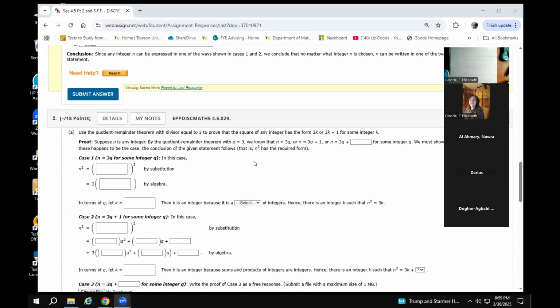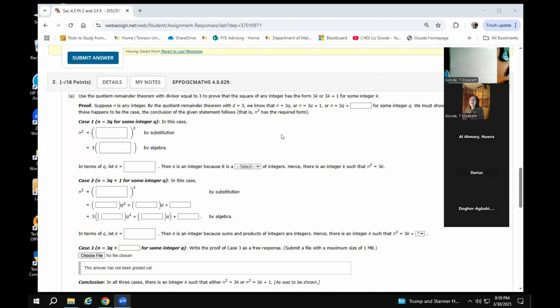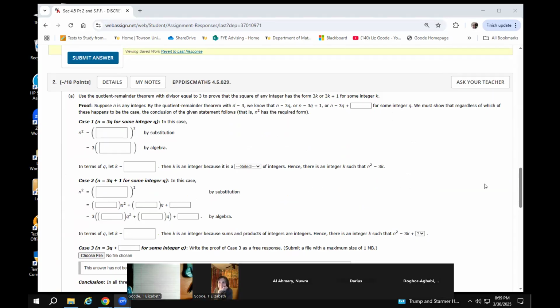I'm going to share my screen again. All right, question 2. You want to read it to us? Yeah, sure, I can do that. Use the quotient remainder theorem with divisor equal to 3 to prove that the square of any integer has the form 3k or 3k plus 1 for some integer k.